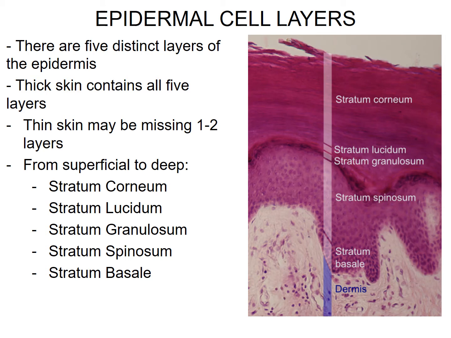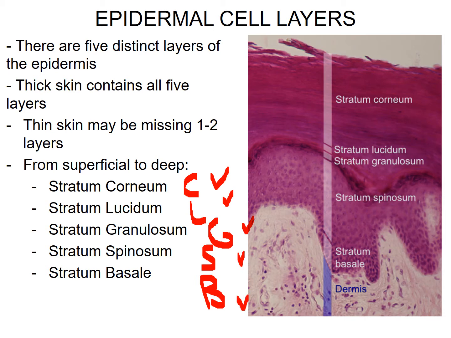All we have to do is take the first letter of each layer, and let's just make up some type of rhyme or some type of saying, and it'll help you remember it. So the one that I was always taught was, come, let's get some bacon. And if you remember, come, let's get some bacon, yes, it's silly, but you know the order. It goes CLGSB: corneum, lucidum, granulosum, spinosum, basale.